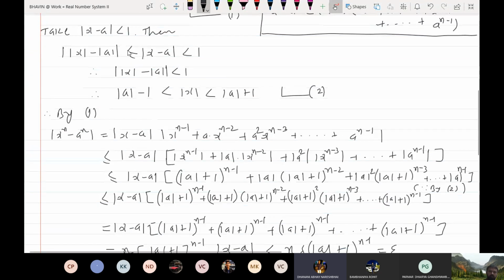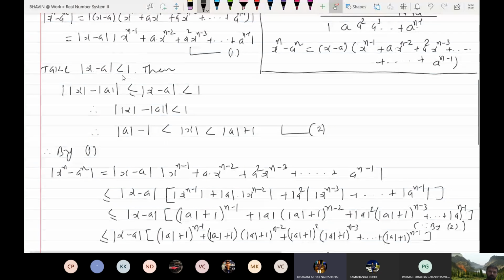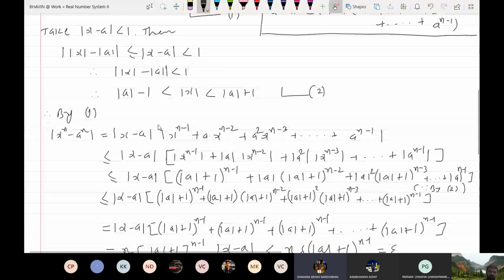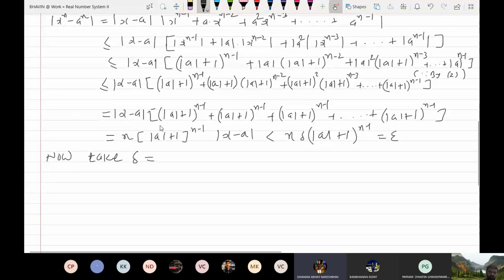From this, yes, we should take the minimum of 1 and epsilon upon n into (1 plus |a|) raised to n minus 1.